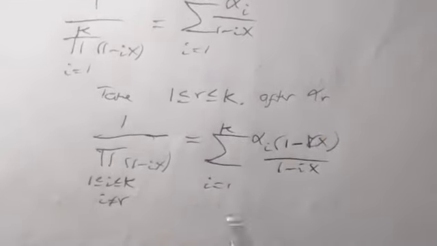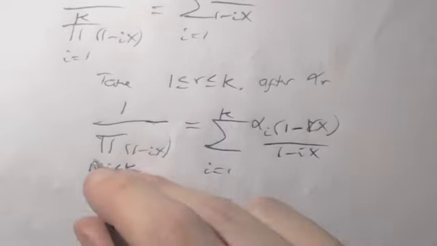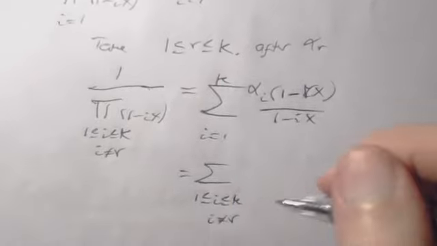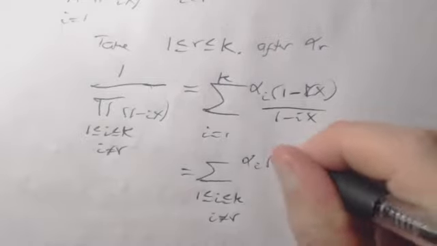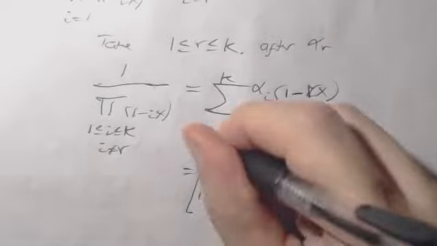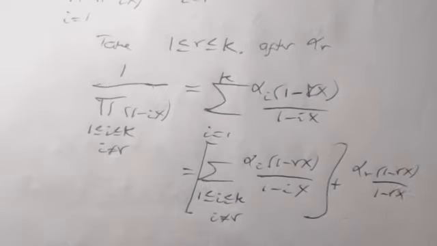Now if we look at this sum, firstly I take out the i equals r term, just like I did in this product. So first the sum over i between 1 and k, but i not equal to r, of alpha_i times 1 minus rx over 1 minus ix. And then we've also got plus alpha_r times 1 minus rx over 1 minus rx, but that's just 1, so I'm going to get rid of that.